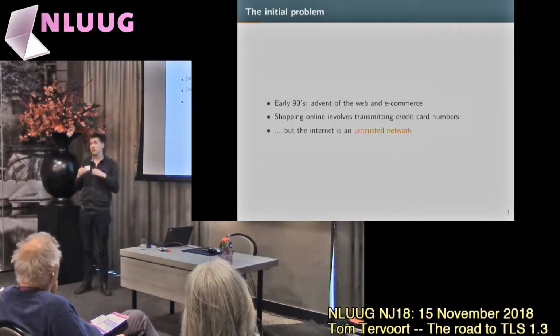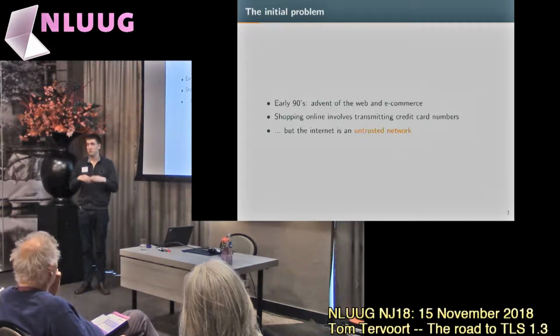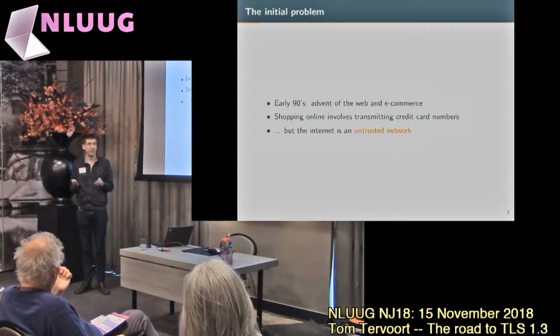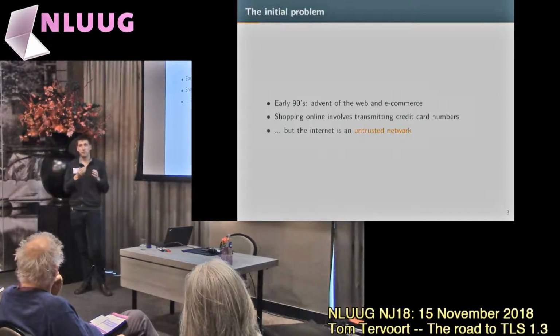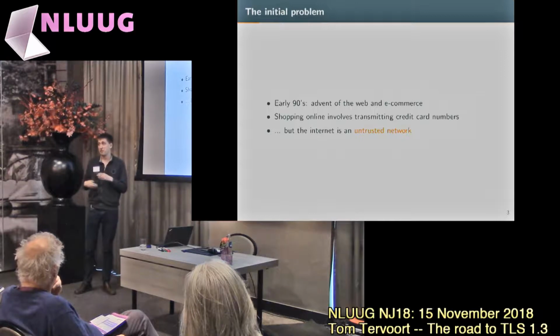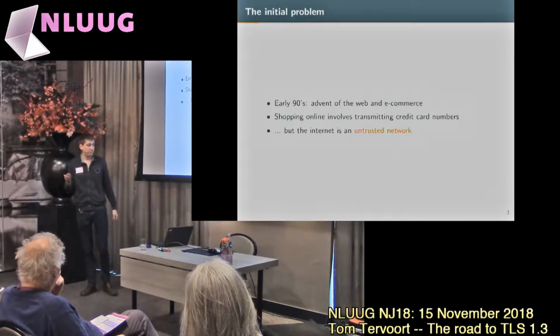Because when you want to do online shopping, but you don't want people to have to print out a mail order form or something like that, especially in the United States, people would have to submit credit card numbers online using forms on the web.